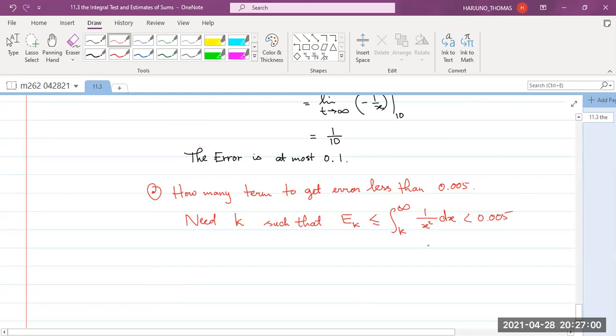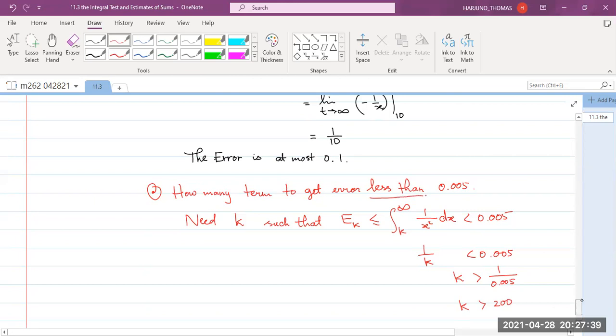But according to our computation here, this is 1 over k. Is it right? From our computation above. Okay, so the reciprocal k must be greater than 1 over 0.005, which is 200. You use 201 then, because we want less than, right?